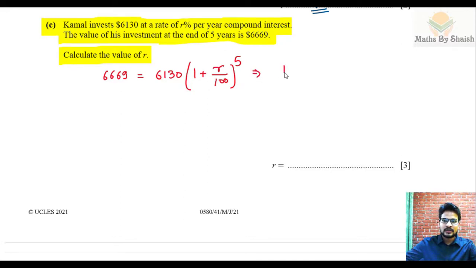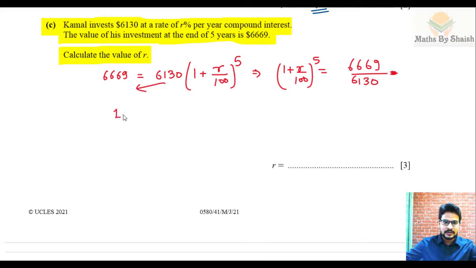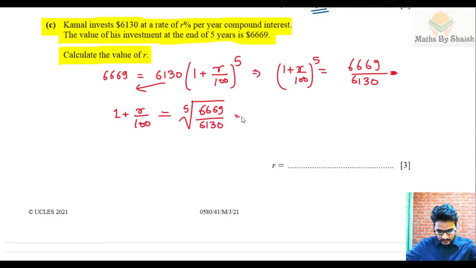So from here we will get 1 plus R over 100 to the power 5, taking this in the denominator, equals 6669 over 6130, and hence from here we can take the fifth root. 1 plus R over 100 is the fifth root of 6669 upon 6130, and from the calculator we get 1.01699 and so on.